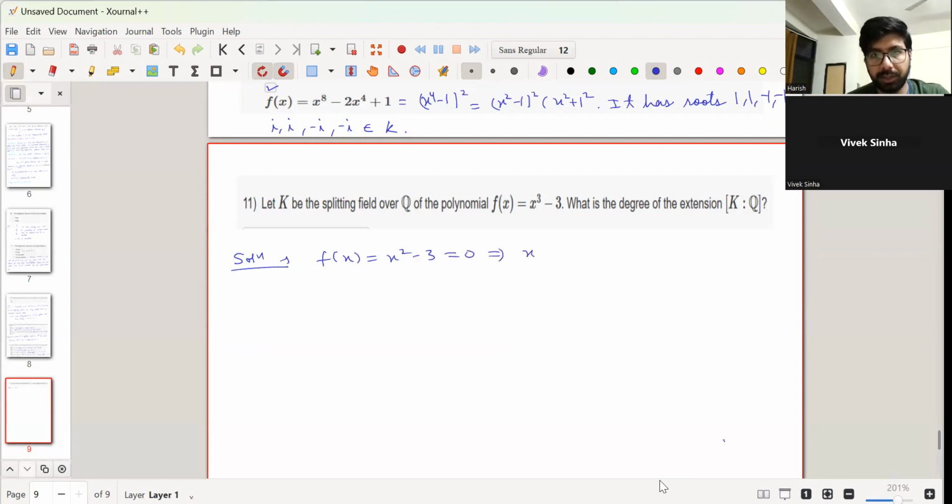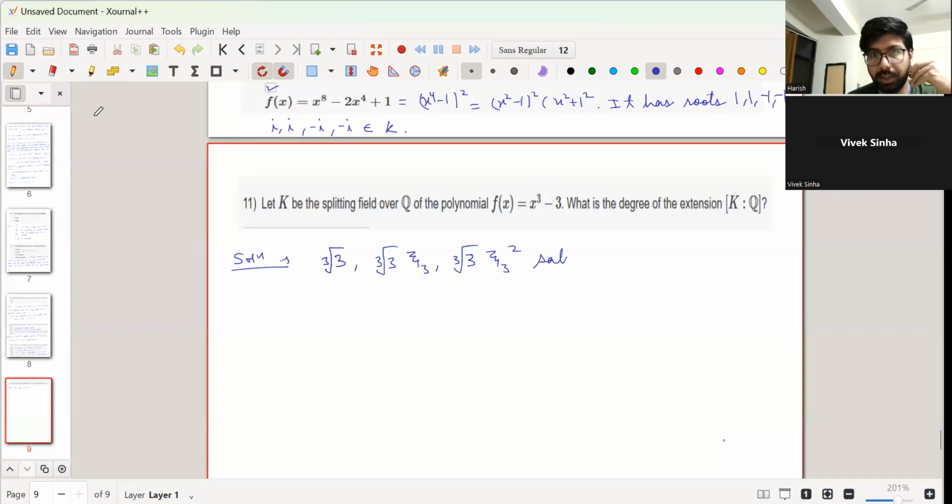The roots are cube root of 3, cube root of 3 times zeta 3, and cube root of 3 times zeta 3 square.